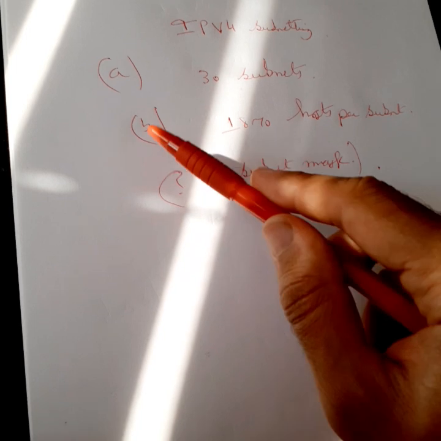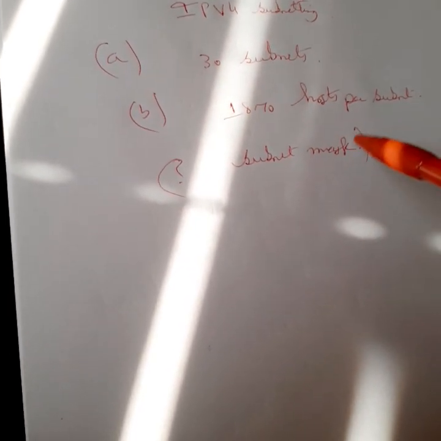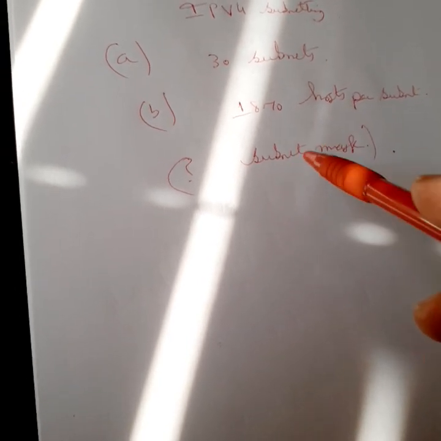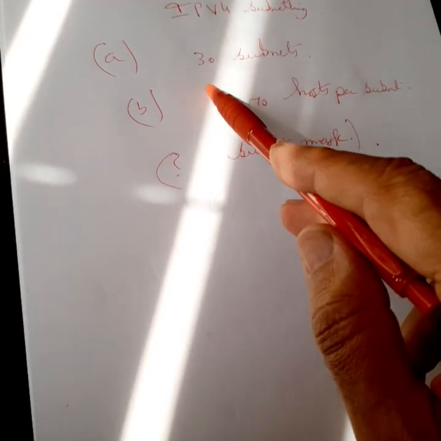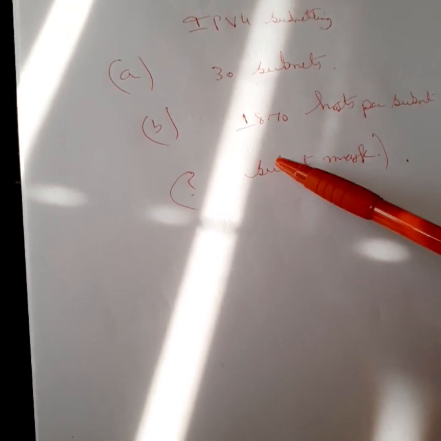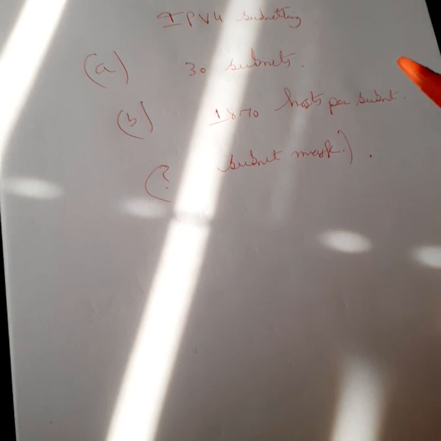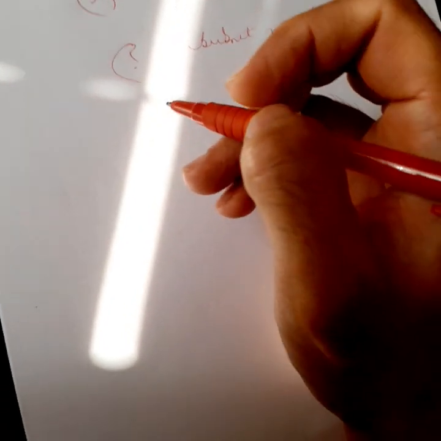In contrast to the video before, where we found these out because we had that, now we haven't got this. We have to find out the subnet mask, and we have got requirements. We need to get 30 subnets, and we need to have 1870 hosts per subnet. Let's carry on with it.